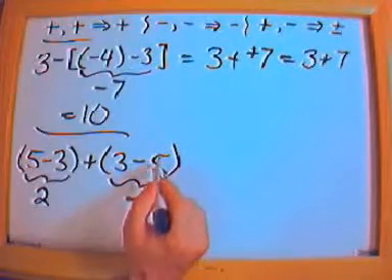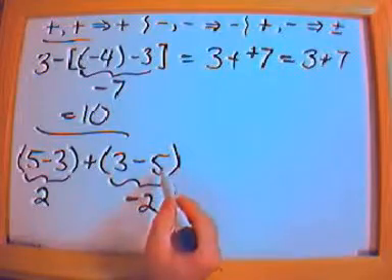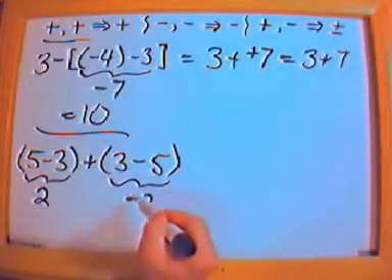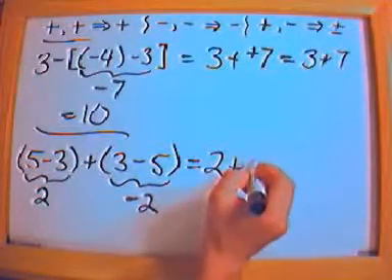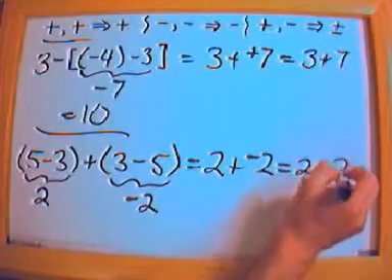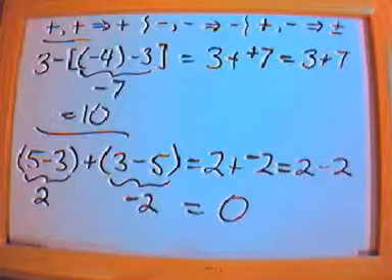The bigger number is a negative, so the answer is going to be negative. And then because you have mixed signs, to get the actual number, you just subtract the numbers. So 5 minus 3 is 2. So now I've got a negative 2. Now, 2 plus a negative 2 is the same thing as 2 minus 2, which is 0. And that's the answer there.